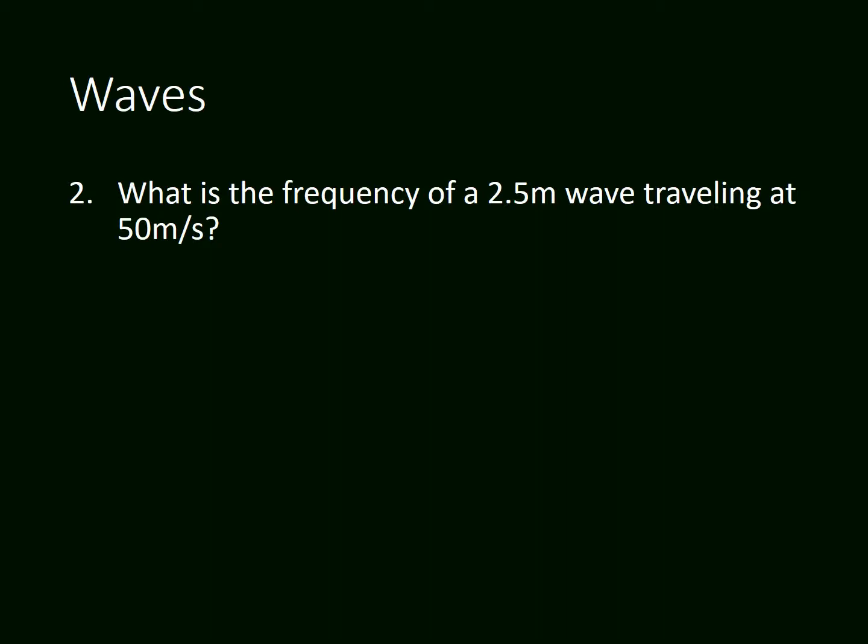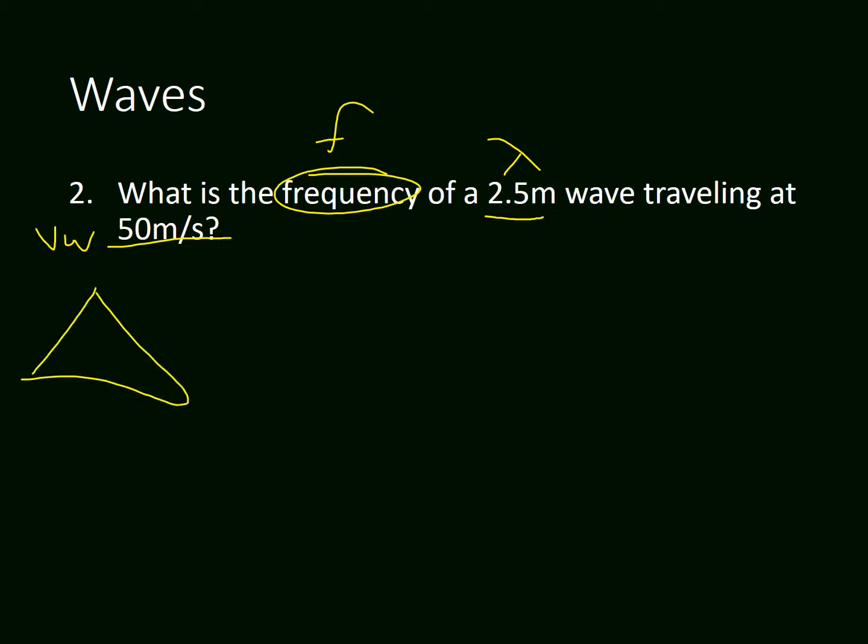Number 2, what is the frequency of a wave with a 2.5 meter wavelength traveling at 50 meters per second? Again, we're going to start with identify for step 1. We identify 2.5 meters is our wavelength, 50 meters per second is our velocity, and we're being asked to solve for frequency. Step 2, I'm going to either use my triangle or rearrange my formula to solve for frequency.